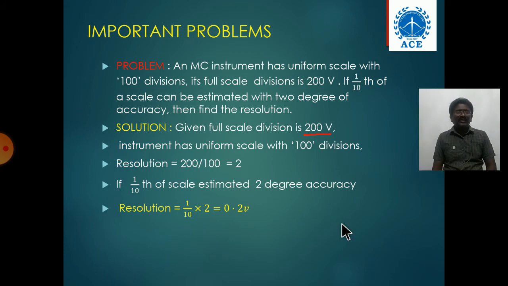Our target is to find the extension range: RSH is equal to Rm into M minus 1, where RSH is the shunt resistance, Rm is the internal resistance of the meter, and M is the number of times. By using this equation you can calculate RSH.